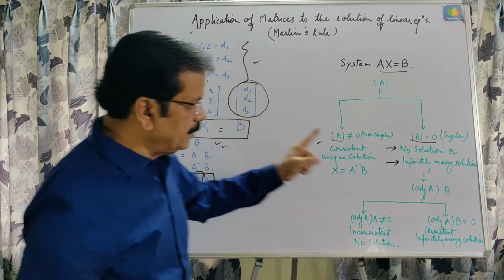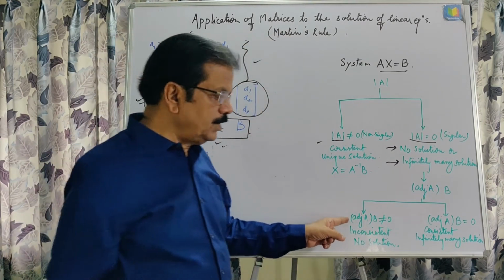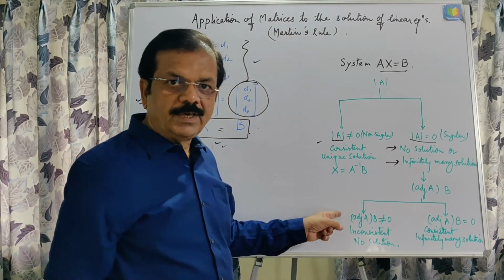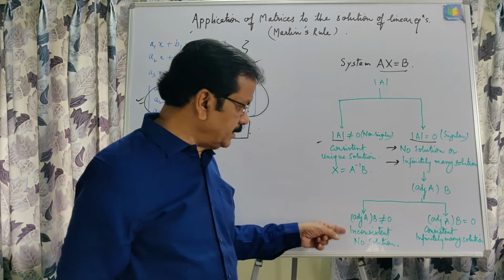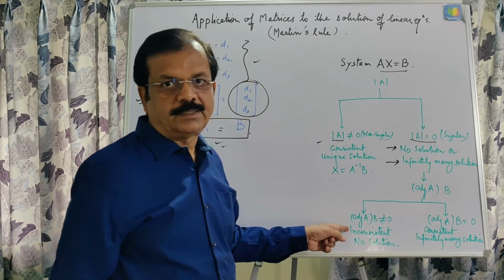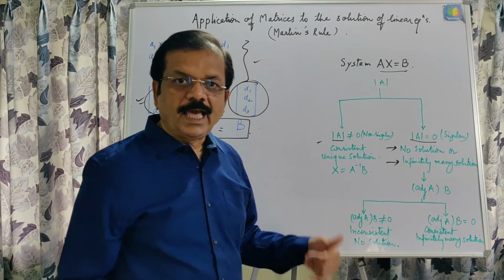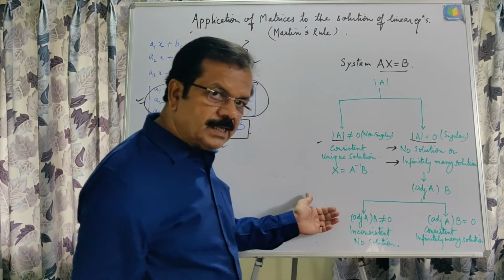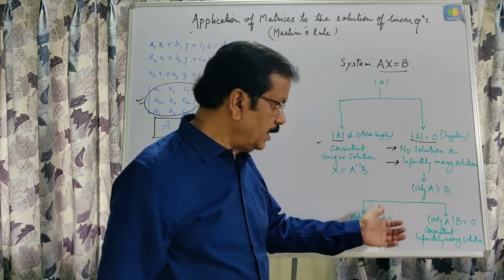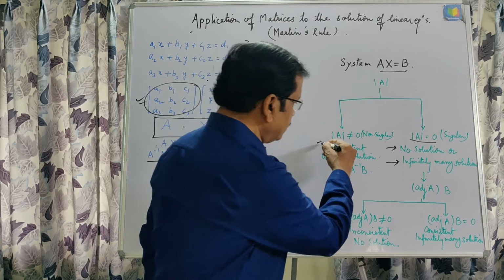If this adjoint of A into B is not equal to 0, then we can say that this system has no solution, that is, it is inconsistent. In that case we are not able to find any solution from that system of equations. But if this adjoint of A into B is equal to 0, then the system is again consistent.